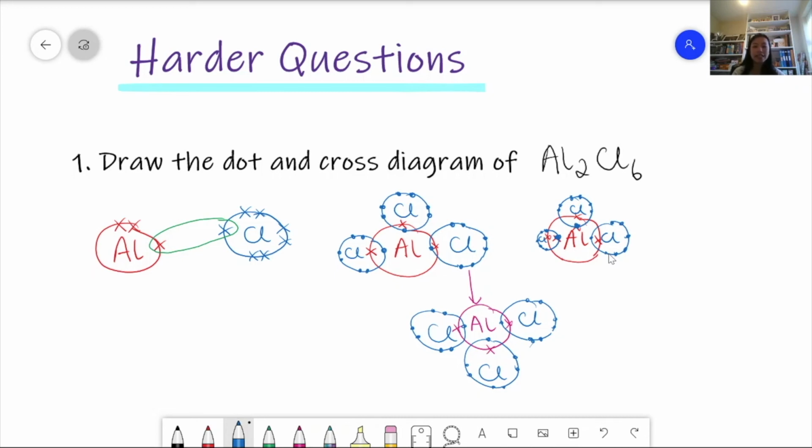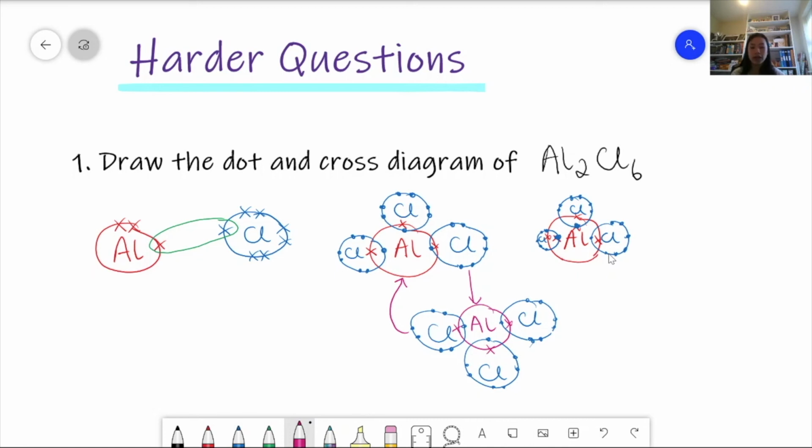This aluminium still does not have a full outer shell. It still only has 6 electrons. But we can do the same thing. So we can say this chlorine, for example, we can donate 2 of its electrons. So if we donate these 2 electrons to this aluminium, we then have Al2Cl6 and 1, 2, 3, 4, 5, 6 covalent bonds and 2 coordinate bonds.